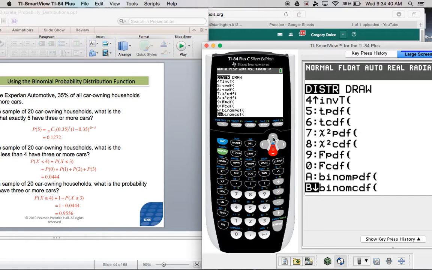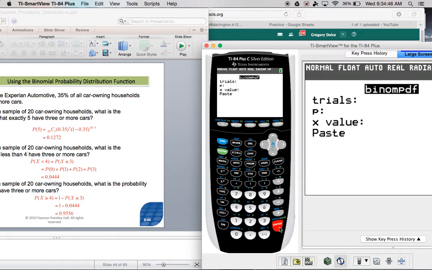There it is: binomial PDF. Press enter. And here we are. Can't get any easier. Now these are all updated with the 2.55 OS. So you should have the same screen that I have. Some of the older 2.43 operating systems did not allow that, but now we're ready to go. So we have the number of trials, 20.